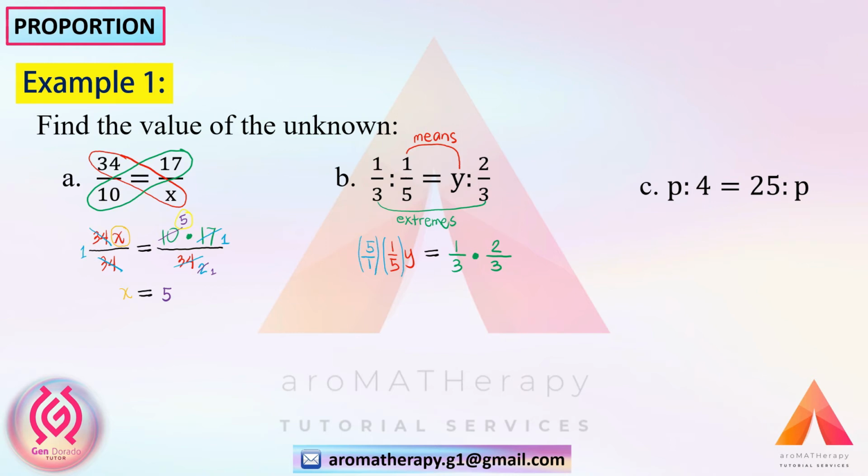So you write 5 over 1 on the left-hand side and multiply 5 over 1 on the right-hand side. Here, 1/5 will be cancelled on the left-hand side, so we are left with y. And write y is equal to the product of 1/3, 2/3, and 5 over 1.